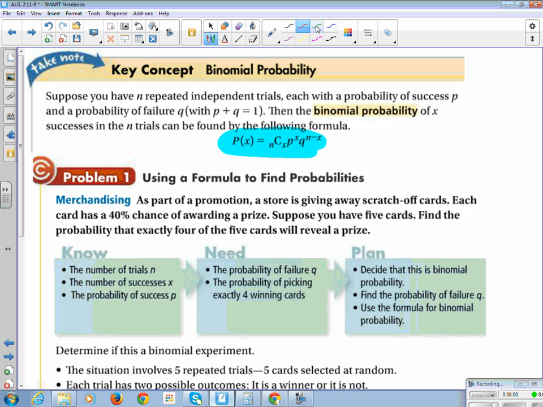So what does big P stand for? Probability.